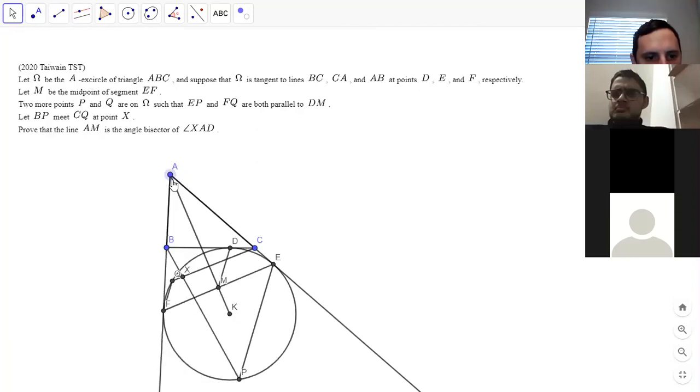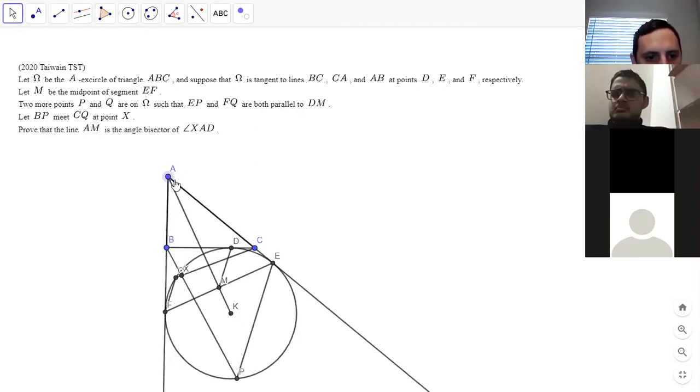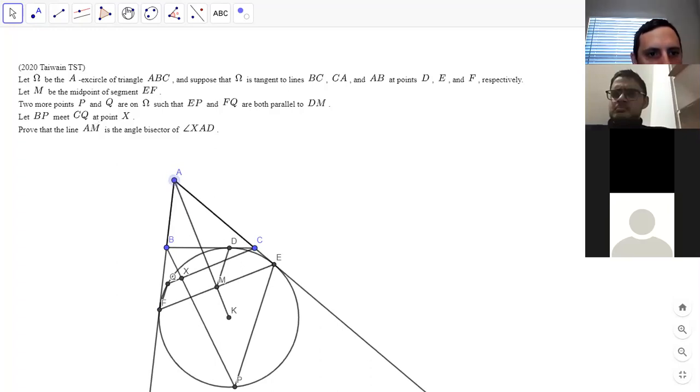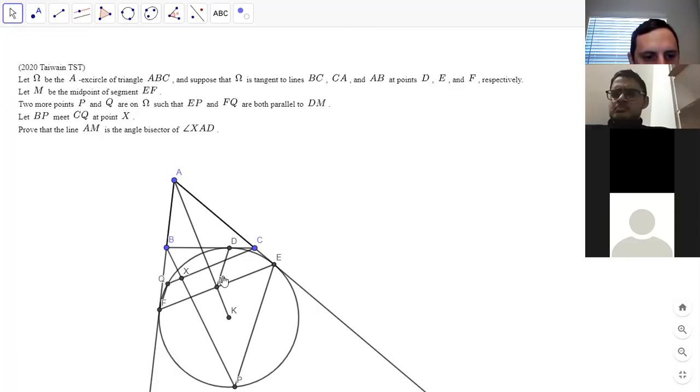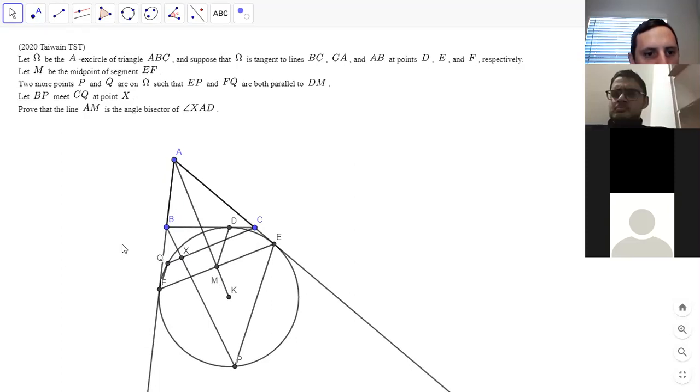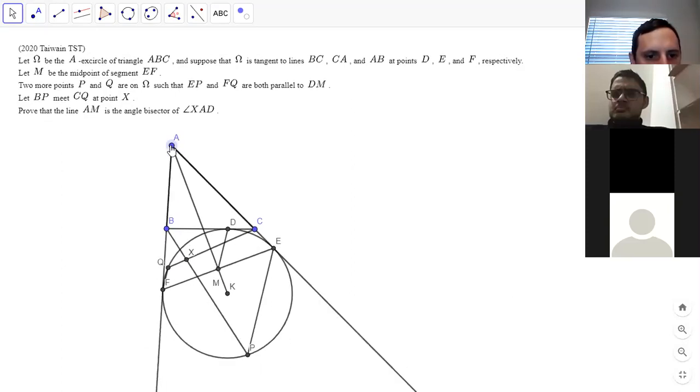Is X on the circumcircle of ABC? It doesn't seem right, but let's see. No. So yeah, I can make this a little bit bigger.